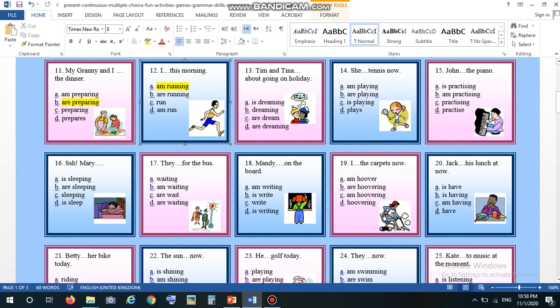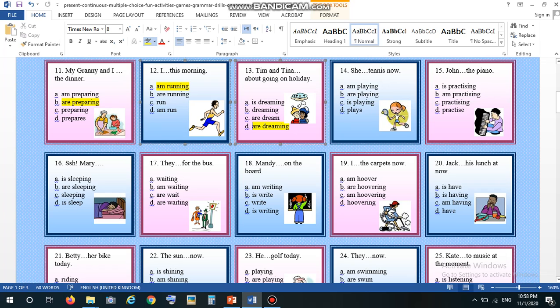Tim and Tina about going on a holiday. So is dreaming, are dreaming. Tim and Tina, so it's going to be a plural subject, so are, and dreaming, the main verb adding ing. Okay, she tennis now.